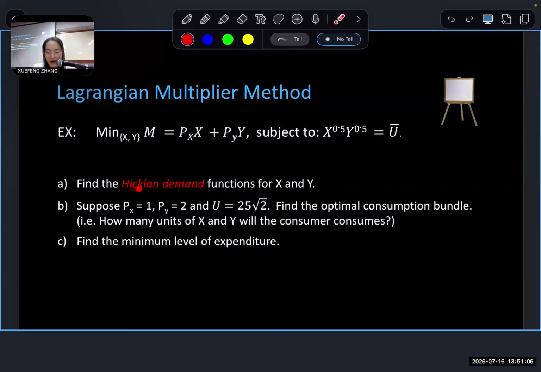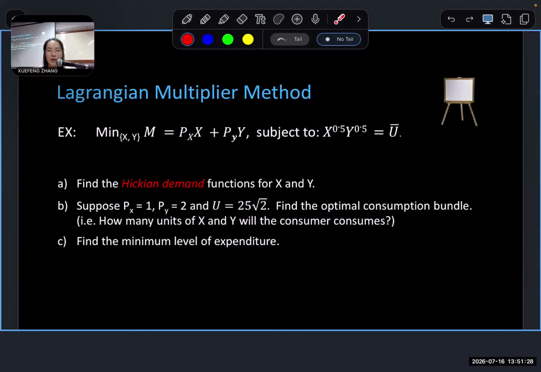Please find the Hicksian demand functions for X and Y, and suppose price of X equals 1, price of Y equals 2, and the utility equals 25 times square root of 2. Find the optimal consumption bundles, so you just plug in numbers, and also find the minimum level of expenditure.